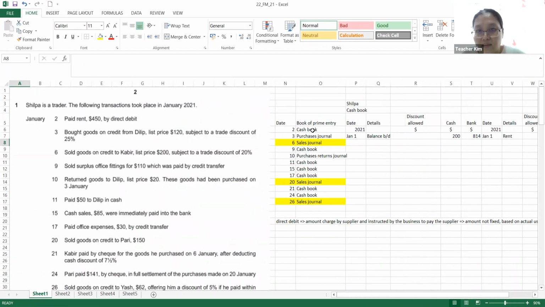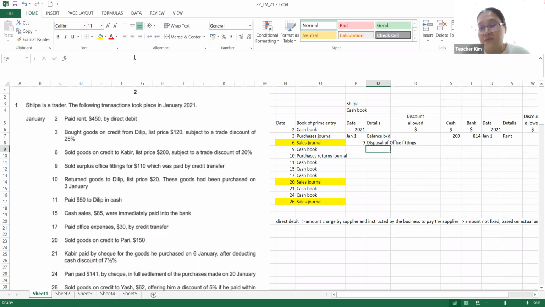Okay, the next one, here settle on 9. On 9, sold surplus office fitting for 110, which was paid by credit transfer. Credit transfer is the transfer of the money into our bank account. So this one is the money coming in. So on 9, office fitting. If you want to put disposal, I saw someone put disposal also can.